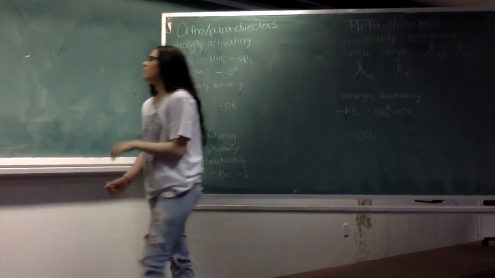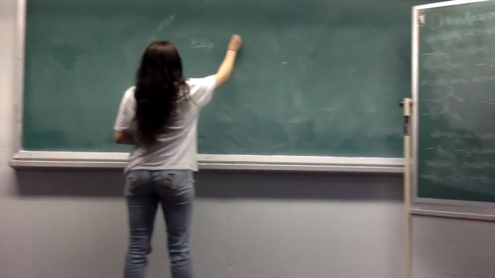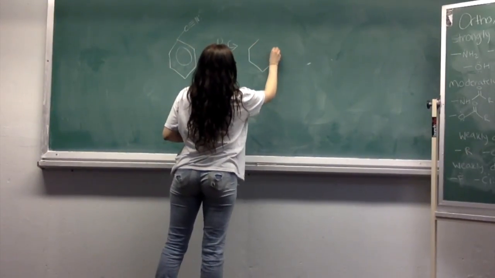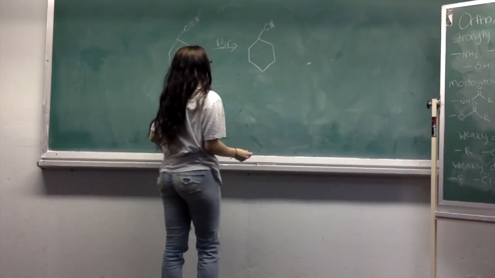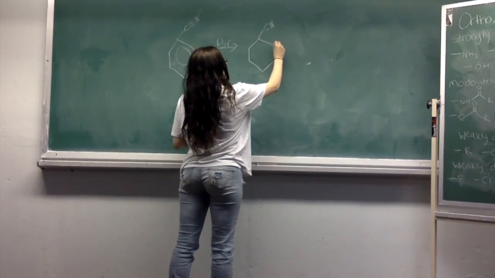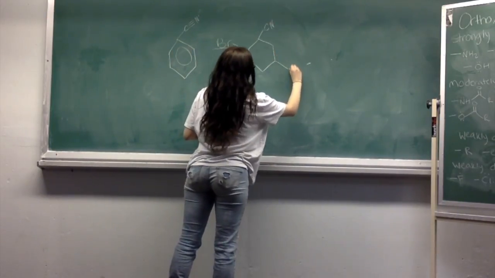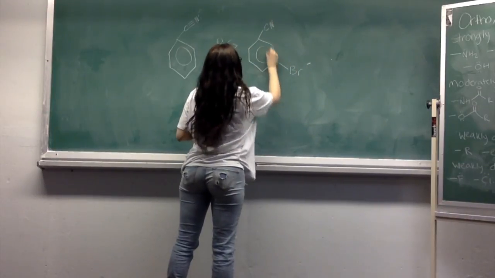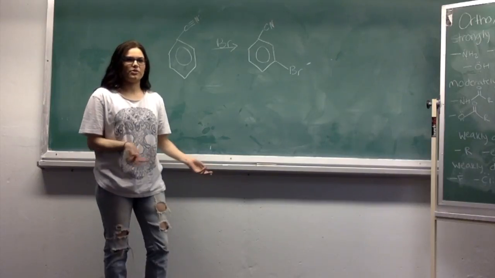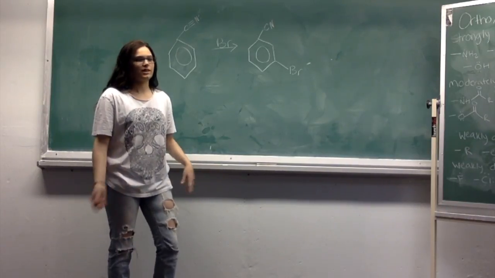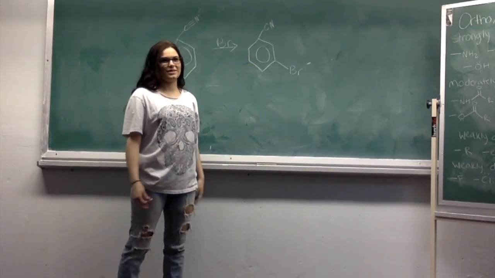So that means that when the bromine gets added, it gets added one carbon in between, and you only get one product in this case because obviously there's no other orientation that you're going to get, because if you put it there and flip it, it's the same thing.